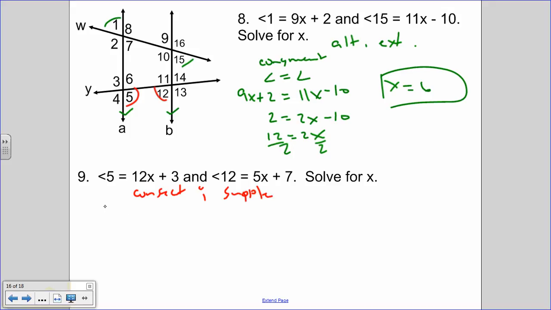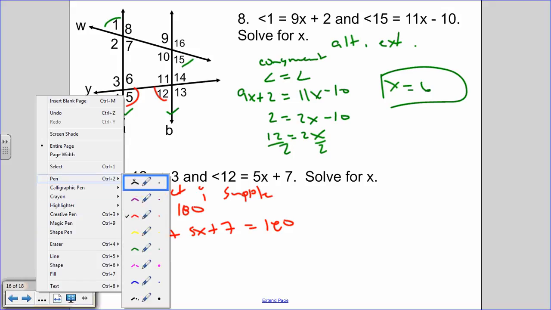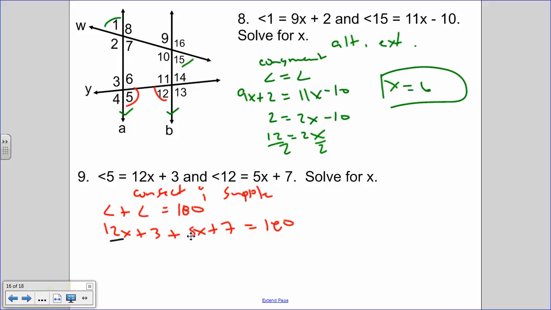So in this situation, it'll be angle plus angle equals 180. So 12x plus 3 plus 5x plus 7 equals 180. So first, combine my like terms. 12x and 5x together make 17x. 3 and 7 together make 10.